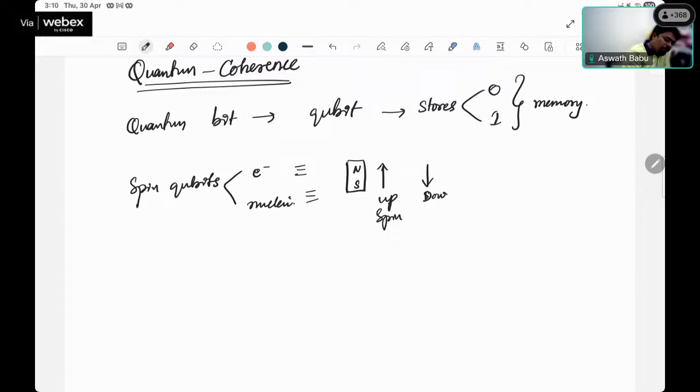Since these things are quantum, microscopic in nature, we cannot say with certainty which one; at a given time, the system exists in both upspin and downspin.